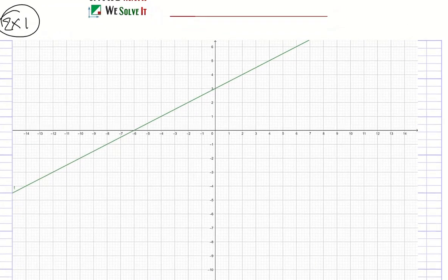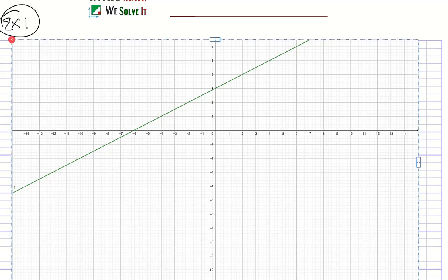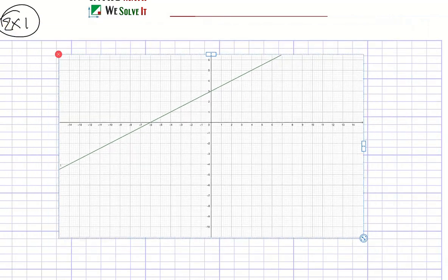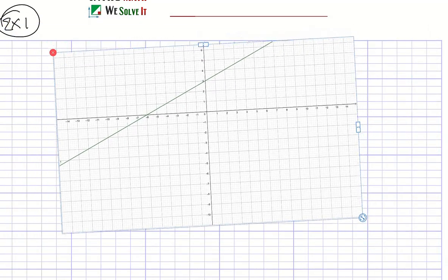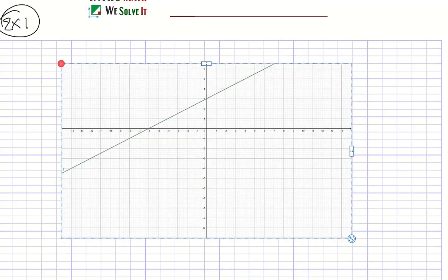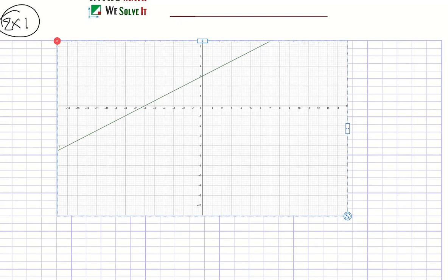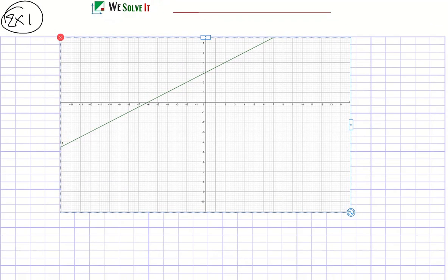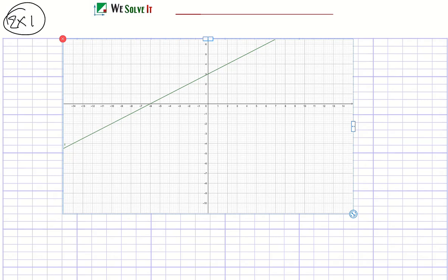Let me see if I can make it a little smaller. It's kind of too big. I hope you can see. Yeah, you can see it, but let's shrink it a little bit. So this is good. It was too big the way I did it before, taking up all the screen.